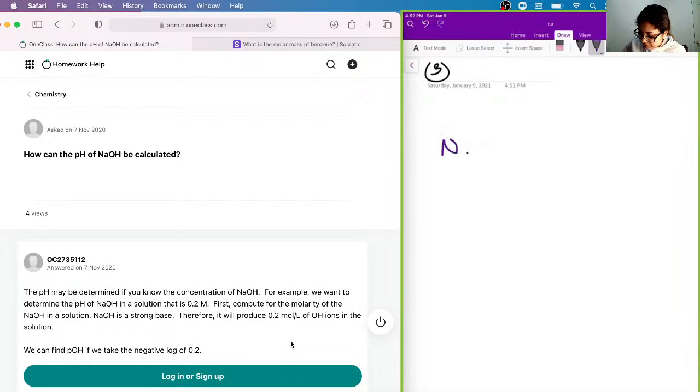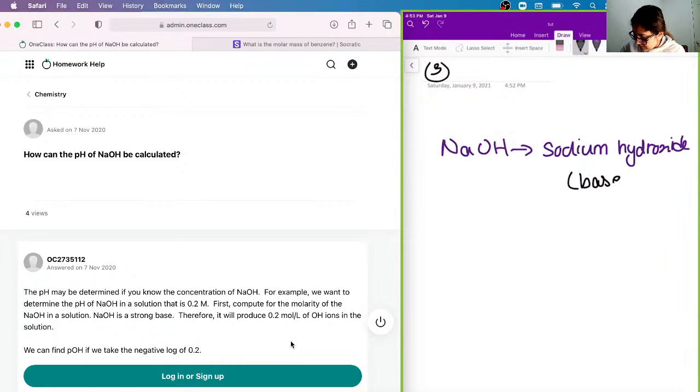NaOH is sodium hydroxide, and this is a base, right? Let's just keep it as a base.